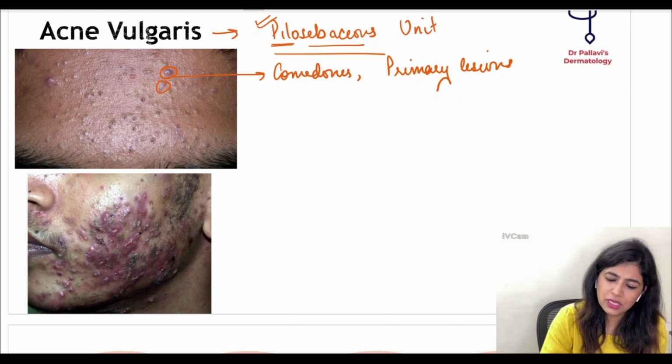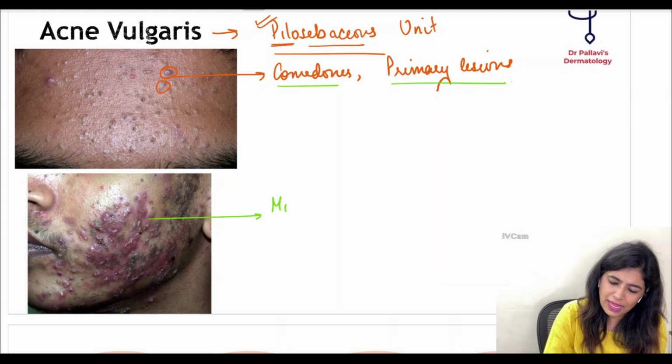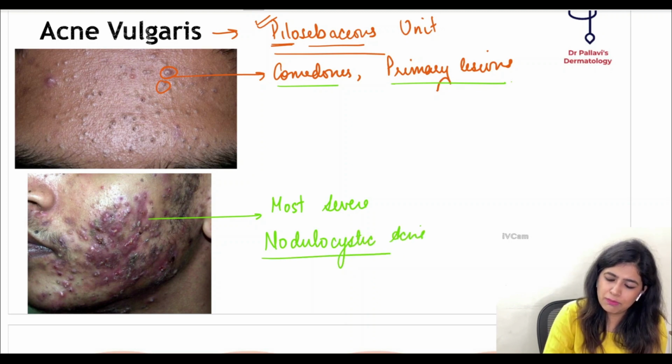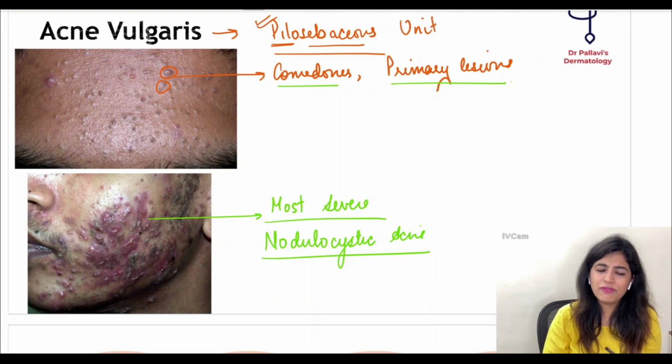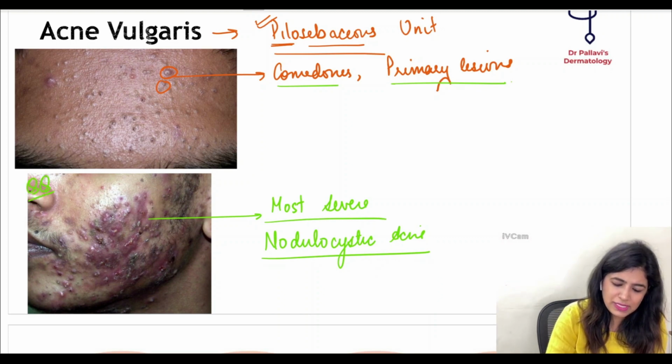Coming back to the lesion, comedones are the primary lesions, but in the most severe acne, what do you see? You see nodulocystic lesions, which is also called nodulocystic acne. This is the most severe type of acne. It can be asked as an image-based question.